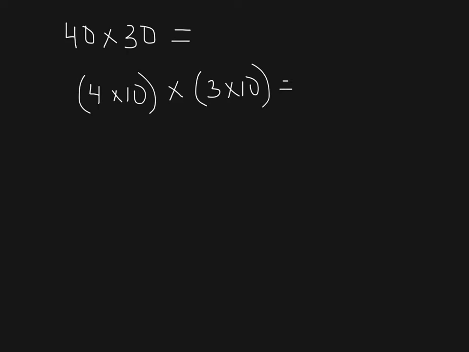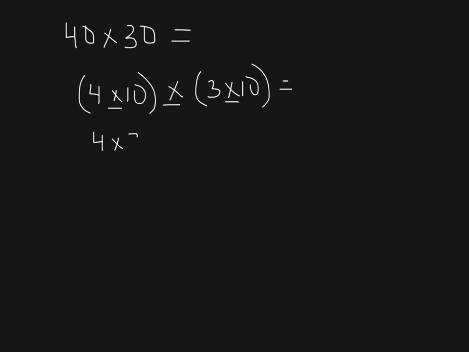Now it's time for me to use the associative property, and that means I'm going to change the order. Once again, I'm checking to see that I have only multiplication, so that means that I can move the numbers around in any order I want and multiply them, and I'm still going to have the same answer. So now I'm going to group the 4 and the 3 together.